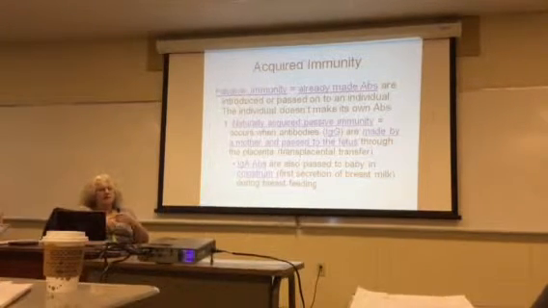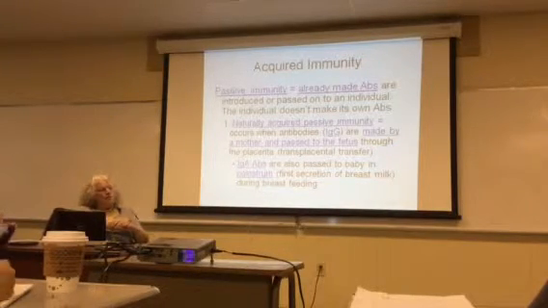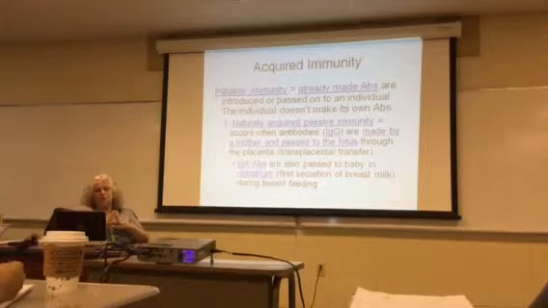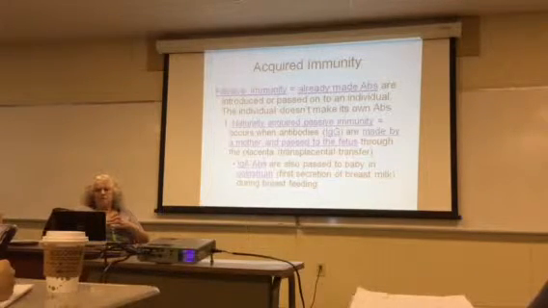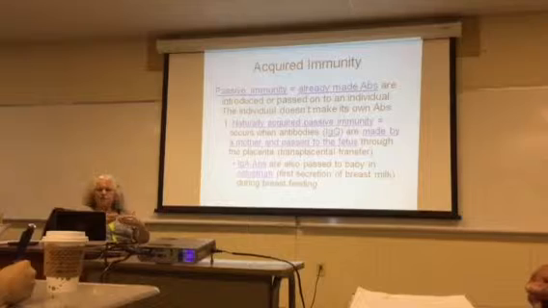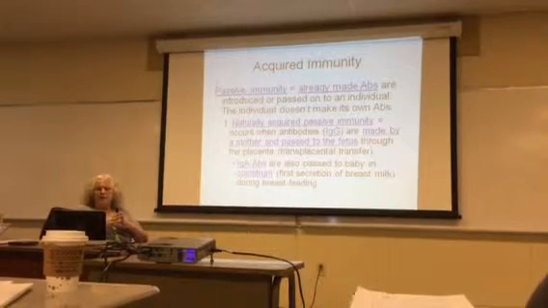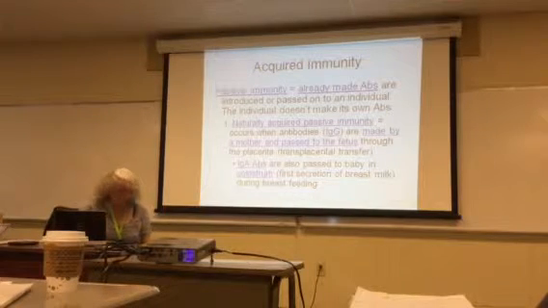The antibodies give that fetus the same immune system that she has for a while, up to maybe 6 months. Also, when the mother is nursing, IgA antibodies get passed to the baby in colostrum, the very first secretions when you're breastfeeding, and that imparts immunity.